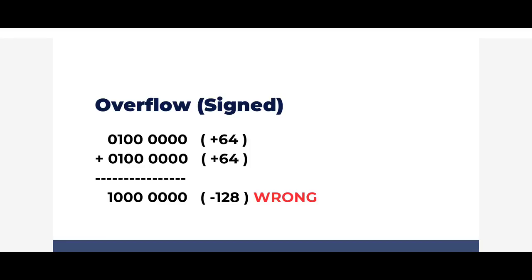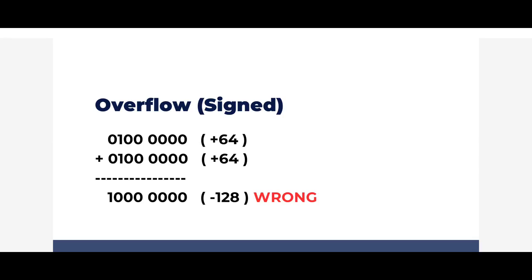Before doing comparisons, another important concept to learn is overflow. Again, this concept is important for signed integers. In this example, I have chosen this 8-bit representation of 64 for an addition operation.